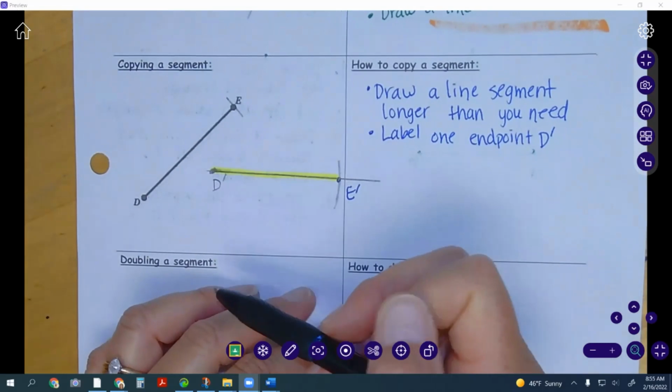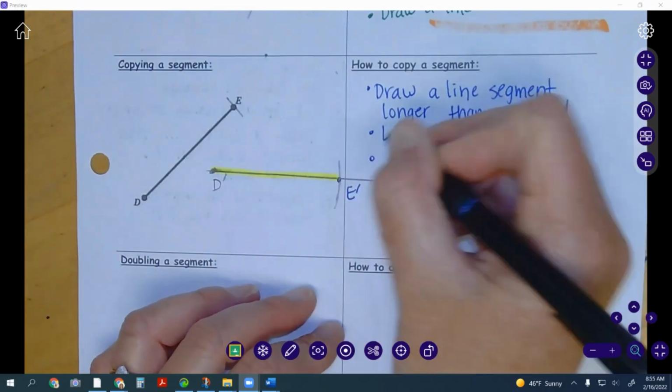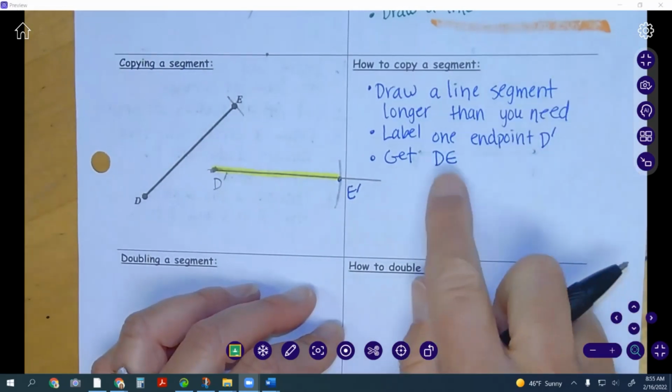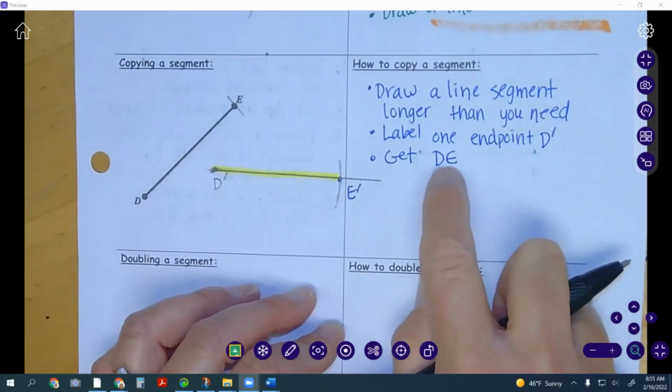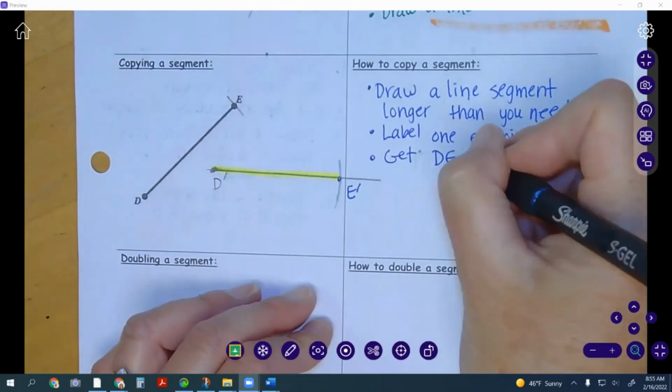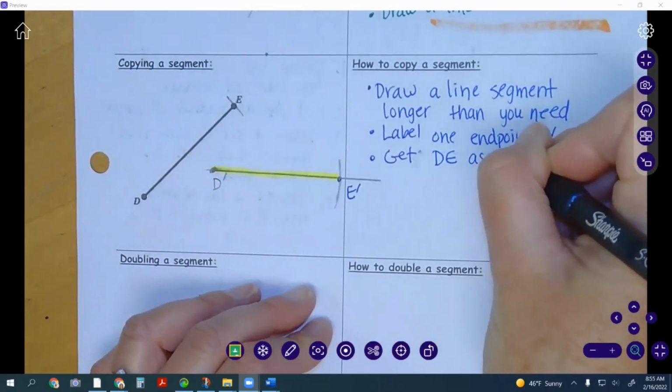Okay, because those correspond. Then get DE, and again, when I write it without a line segment across it, I mean the length of DE. Get the length of DE as your radius.